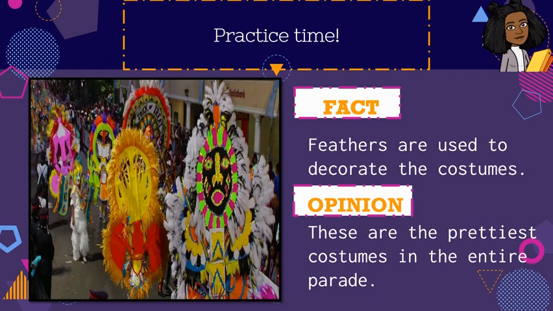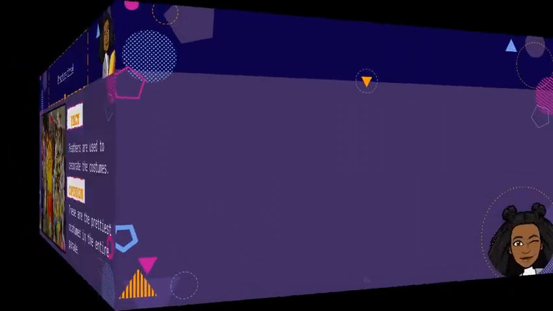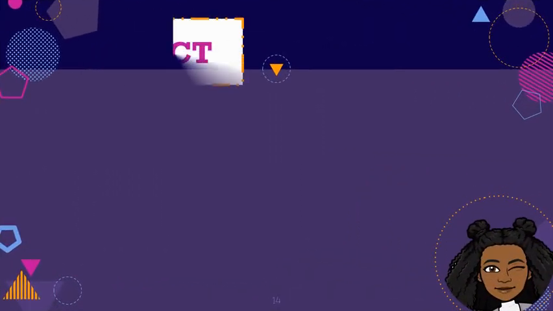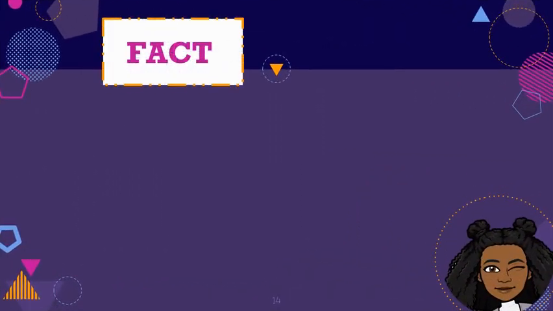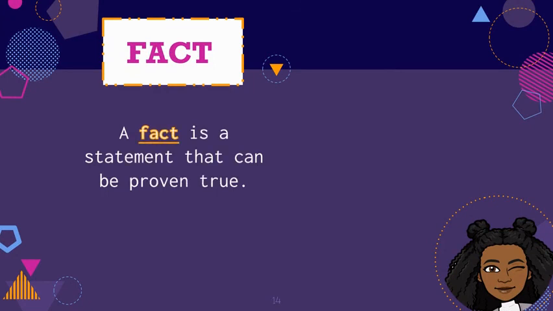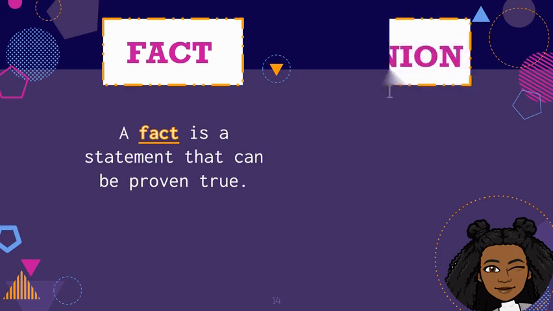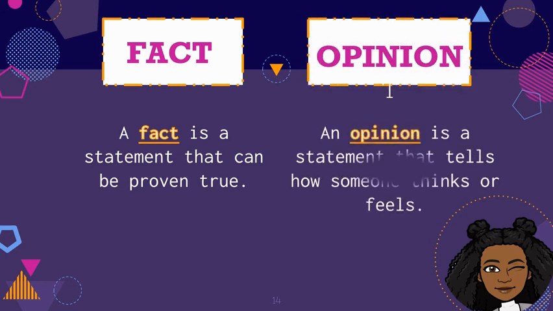Boys and girls, you've done a wonderful job thus far. Remember, a fact is a statement that can be proven true. An opinion is a statement that tells how someone thinks or feels.